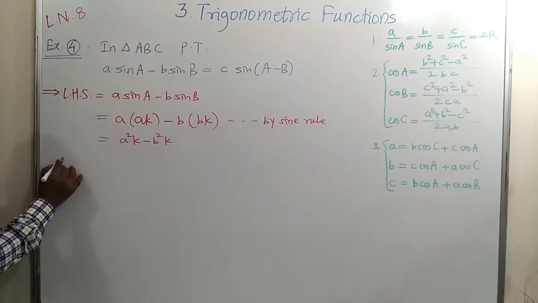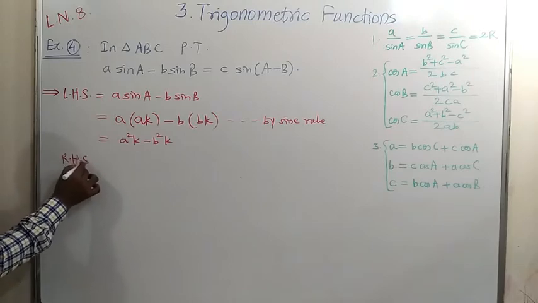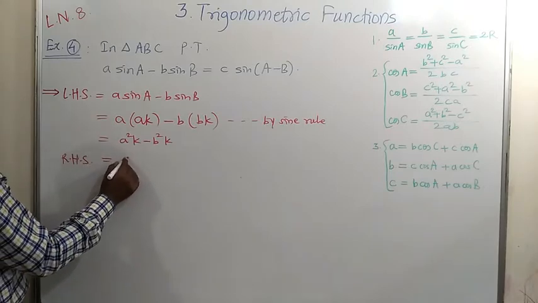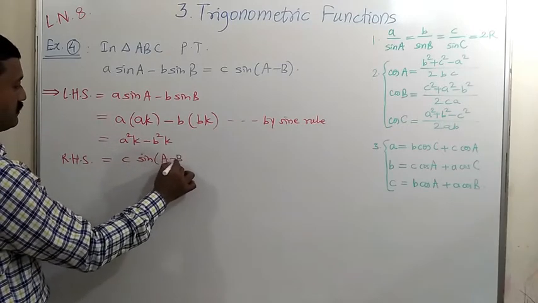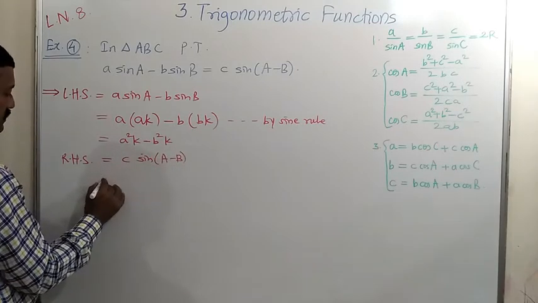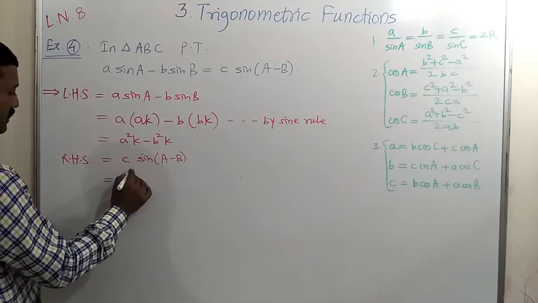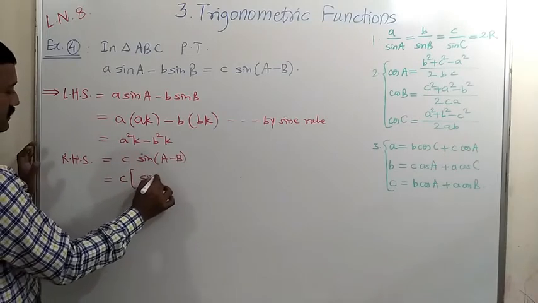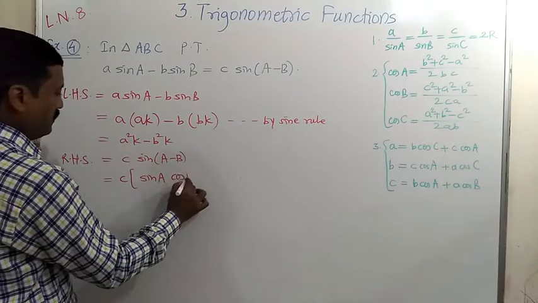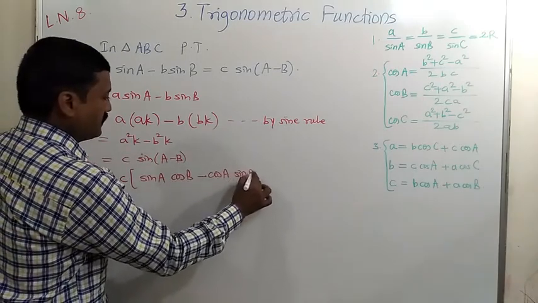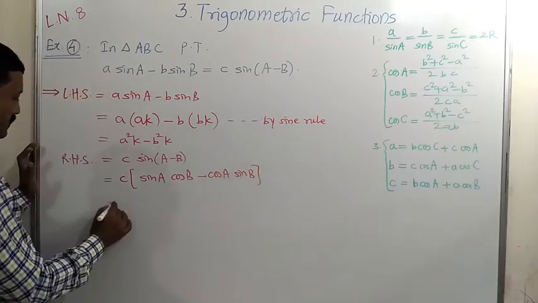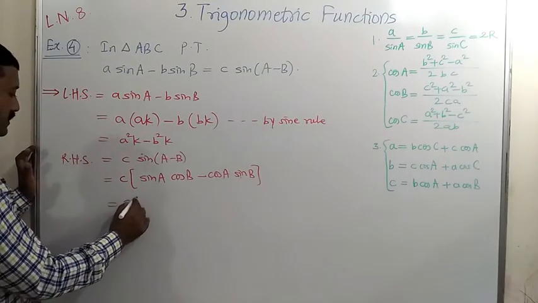Let us consider now RHS. RHS is C into sin of A minus B. So it is equal to C into sin A cos B minus cos A sin B. So it is equal to C into bracket.